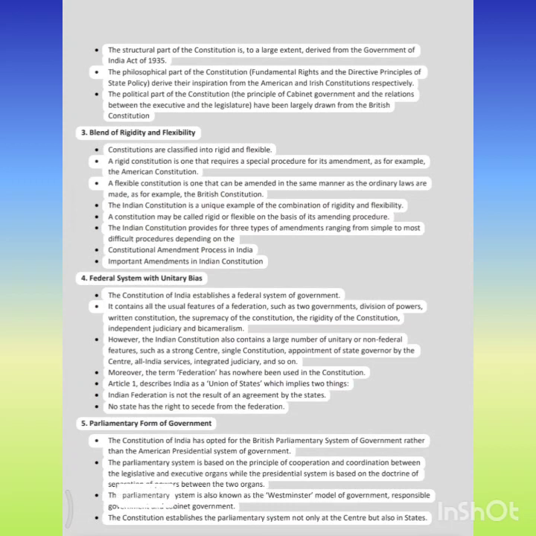The parliamentary system is also known as the Westminster model of government, responsible government and cabinet government. The Constitution establishes the parliamentary system not only at the center but also in states.